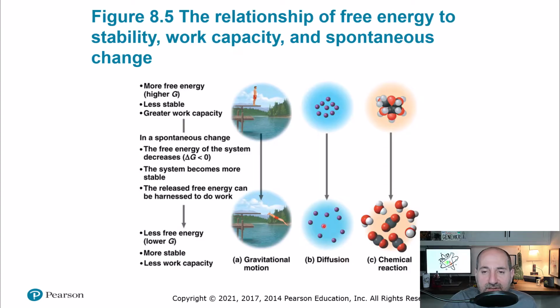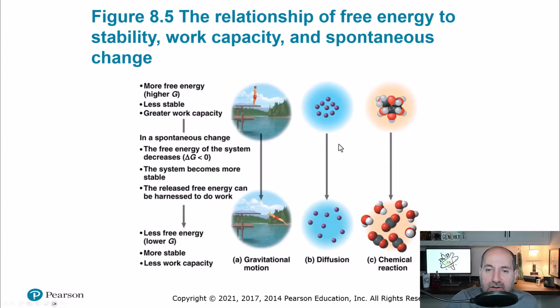Okay, that's another example of high free energy to low free energy. Here's one last example for you of a high free energy state. This is sugar, so glucose. So glucose is a molecule with high chemical energy, so this is a high free energy state. After this sugar molecule is broken down into CO2 and water molecules, this is a lower free energy state.